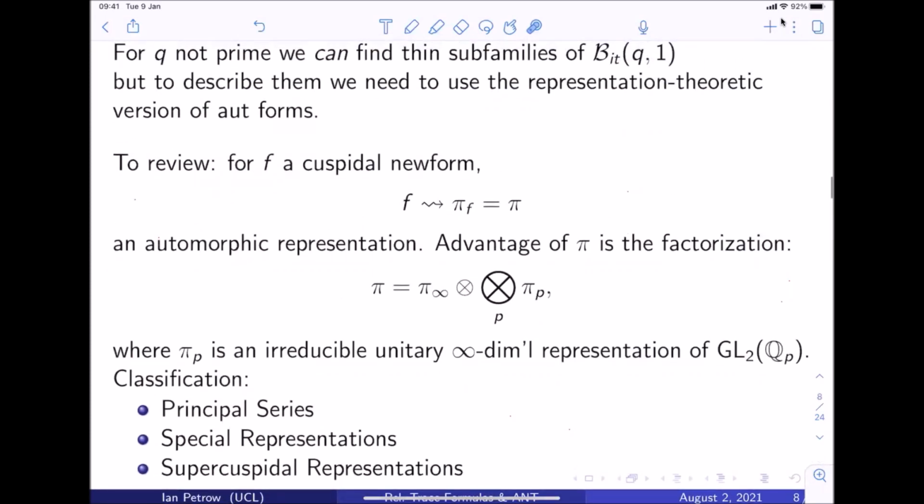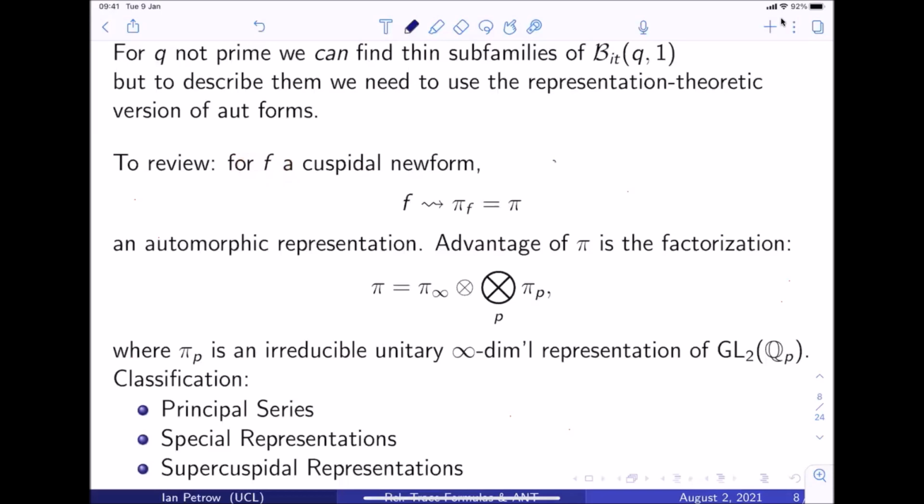If you don't know what this is, all you need to know is that if I have a cuspidal newform f, I can turn this into a function on GL2. And then by taking some translates, I can build up a representation out of this function, a big infinite dimensional space just by translating that vector around.